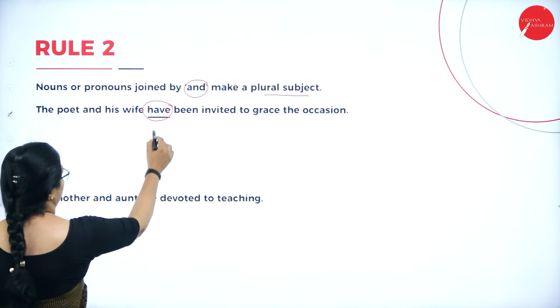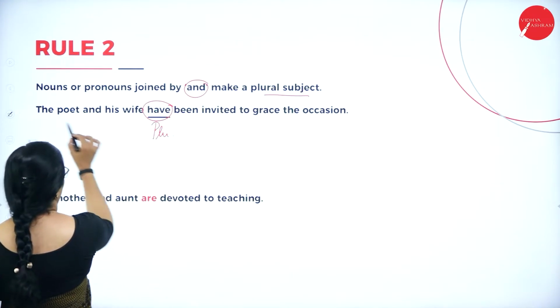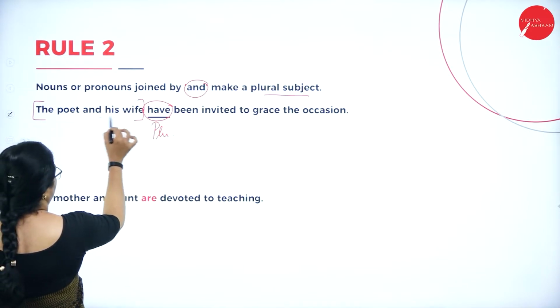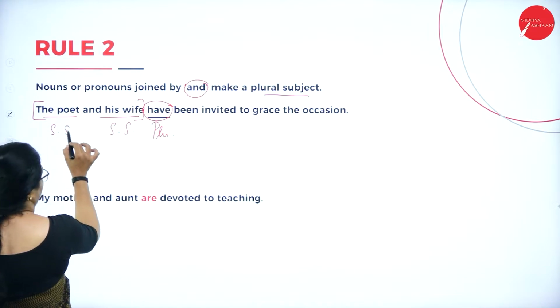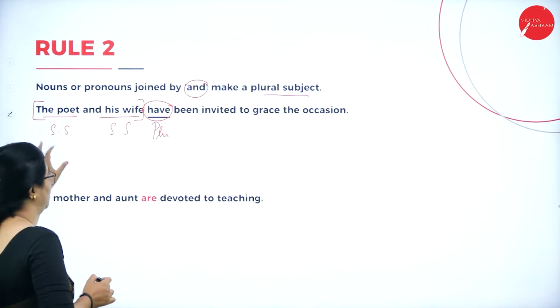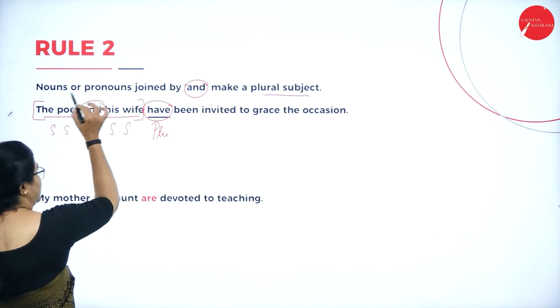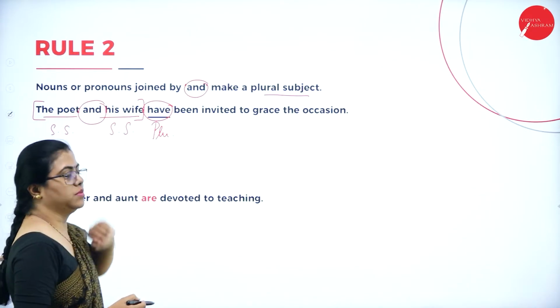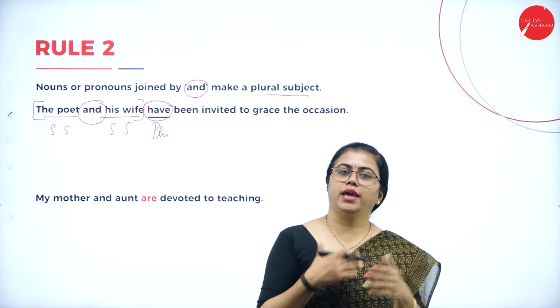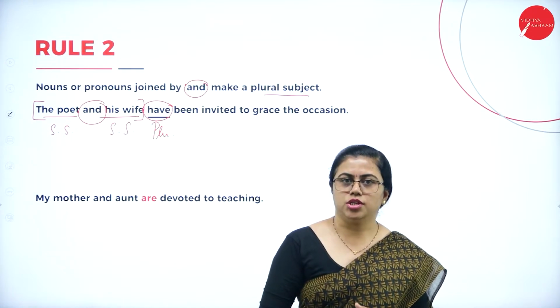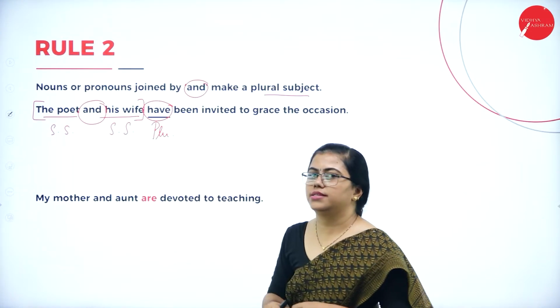Okay, so this is a plural verb. Here the poet and his wife, this is a singular subject. This is also a singular subject. Both join together by this conjunction, so here it becomes a plural subject. Even though they are singular, they have been joined by this conjunction and that becomes a plural subject.